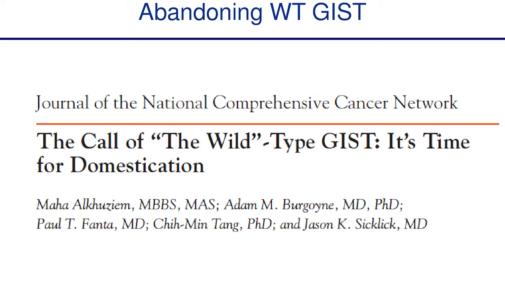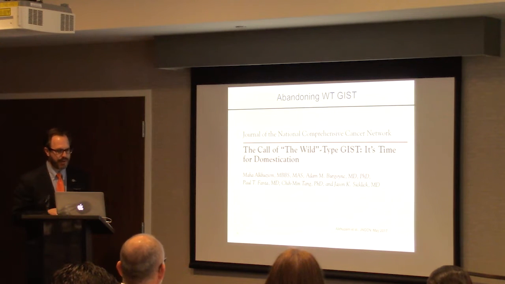And so, coming back from that talk, I wrote this paper because I said, the term wild type really doesn't pay respect to the fact that there is some underlying genetic or biological reason why these GISTs are forming. We can't just call them wild type.